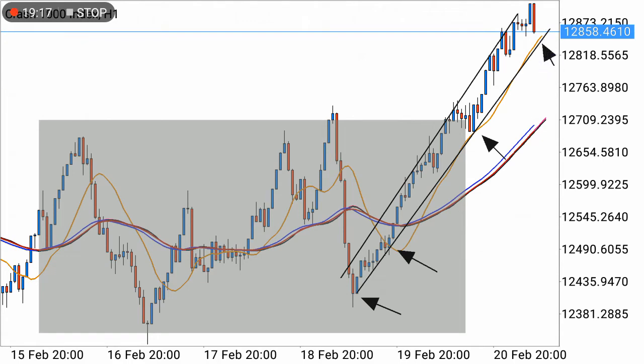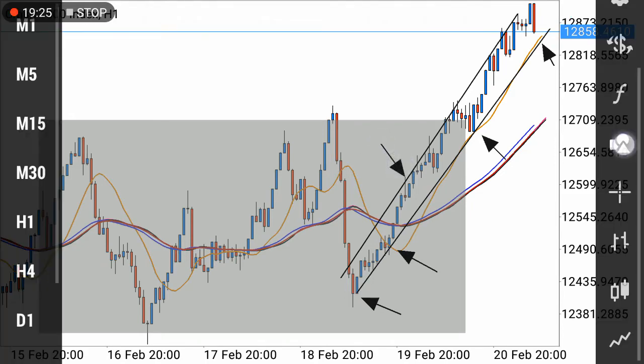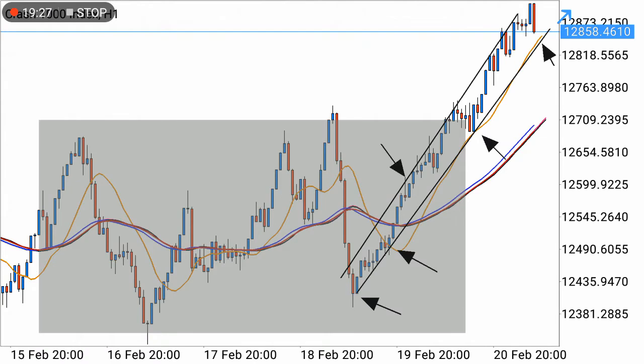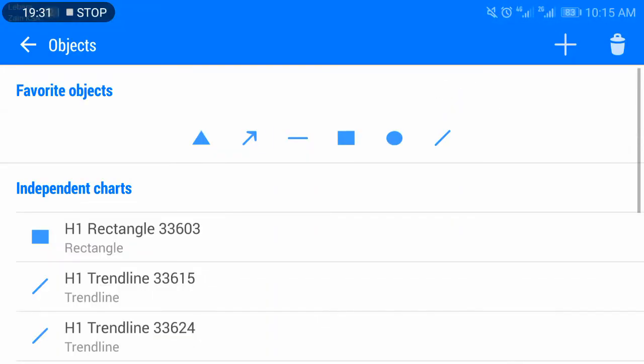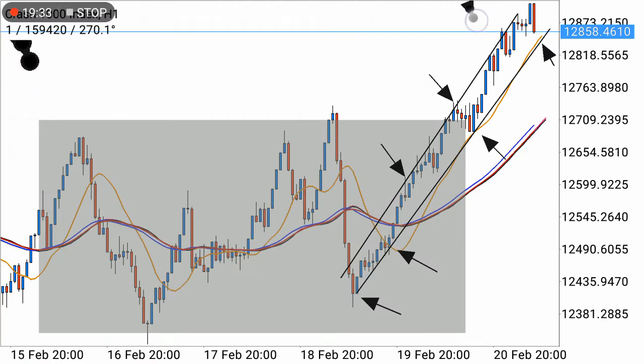Here also a pullback, and look at this point, resistance trend line, resistance trend line. So we confirmed that the market will go up because we have seen that the market is following the trend line, going up.